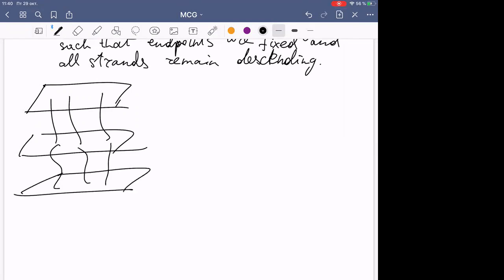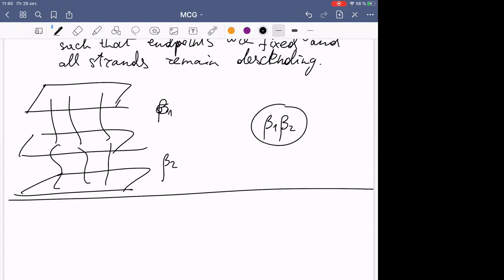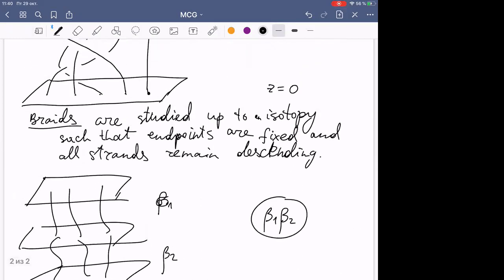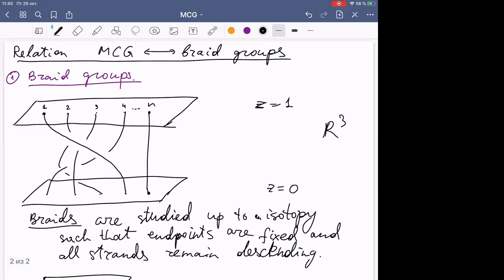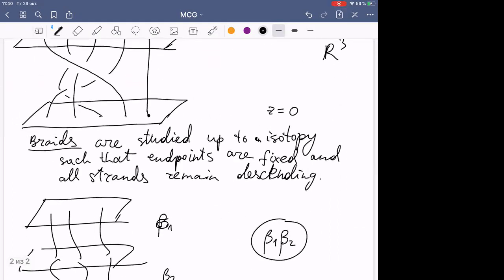My convention will be that if this is the first braid and this is the second one, then this concatenation is the product in this particular order. So this is one point of view.